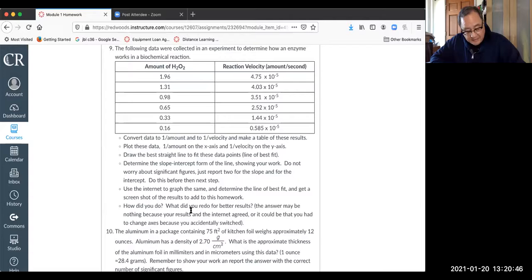Got to plot it, where I put 1 over the amount on the X and 1 over velocity on the Y, and get a straight line. Get the slope intercept form.